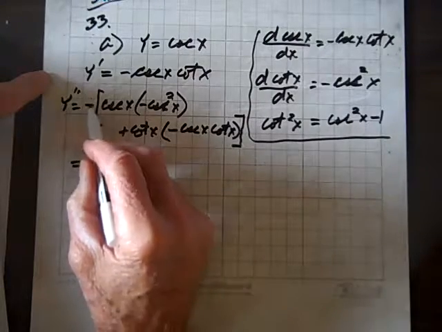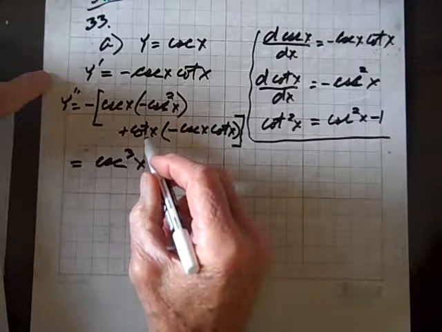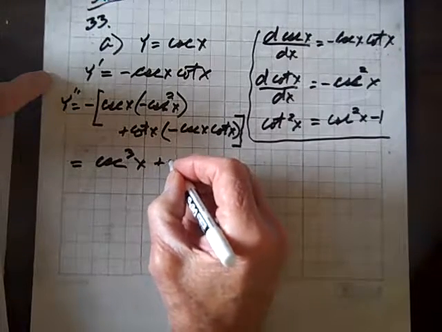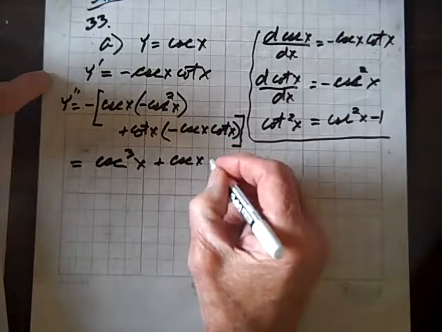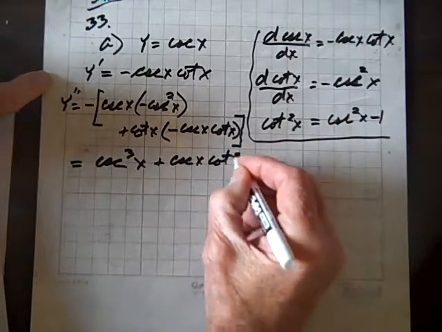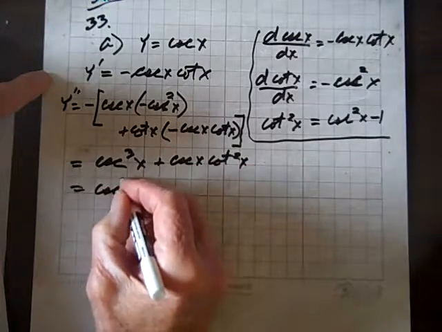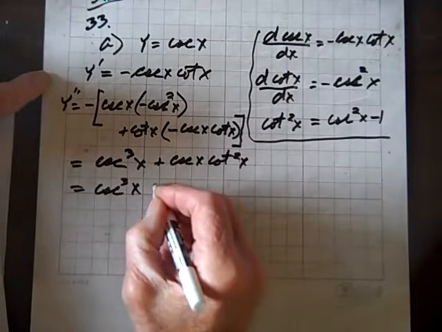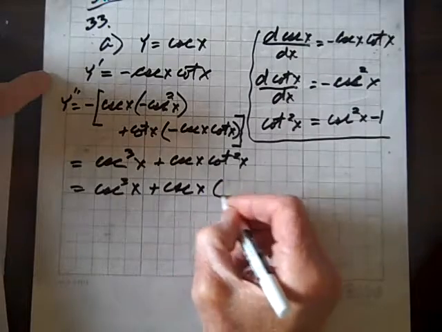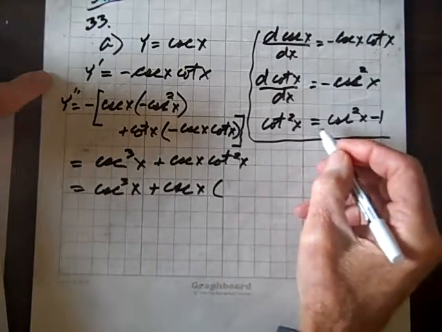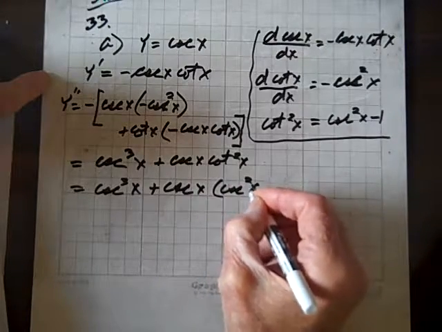That's going to be a minus times that minus is going to give us another plus. And we're going to have cosecant of x cotan squared of x, which equals cosecant cubed of x plus cosecant of x times, and we'll use this identity for cotan squared of x, which is cosecant squared of x minus 1.